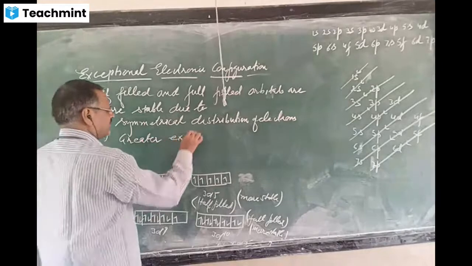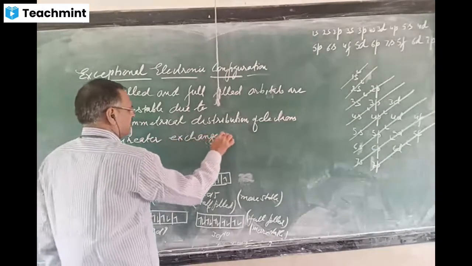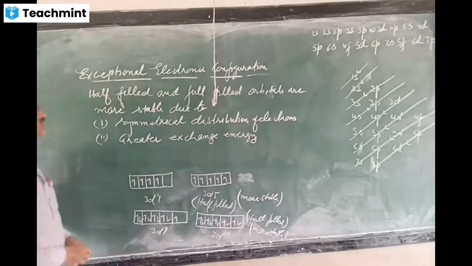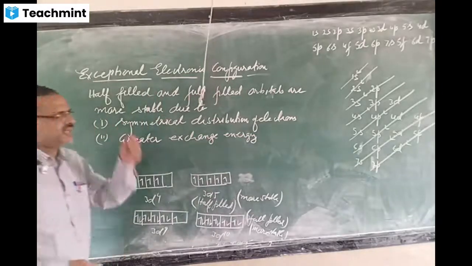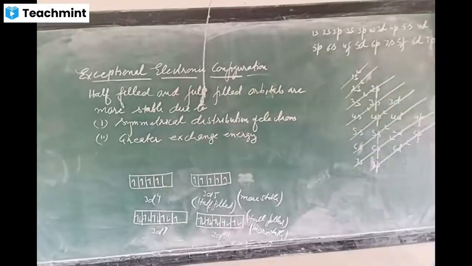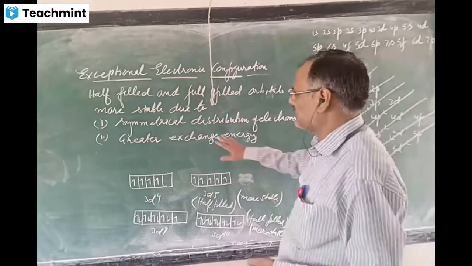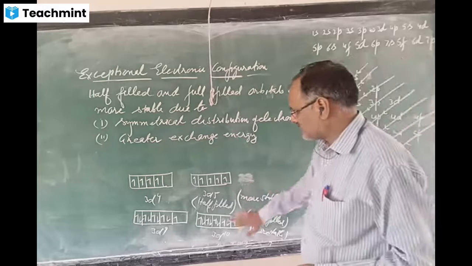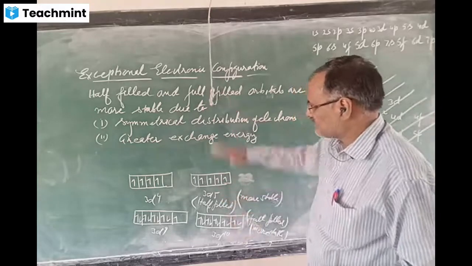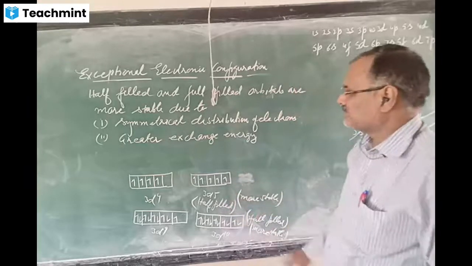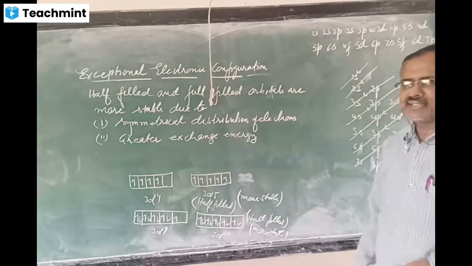You have seen symmetrical distribution, that all the electrons are only in one direction. This is called symmetrical distribution, and greater exchange energy.